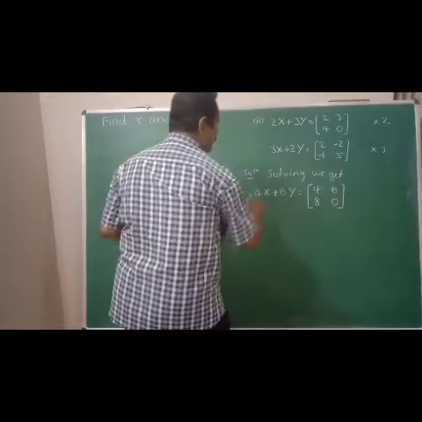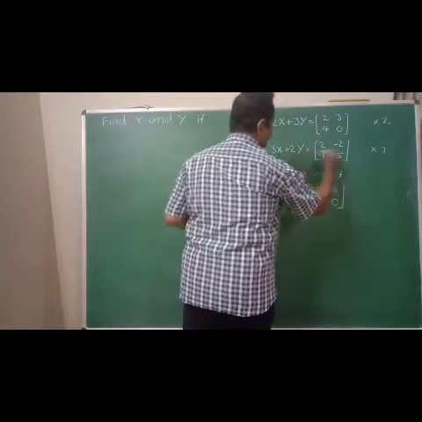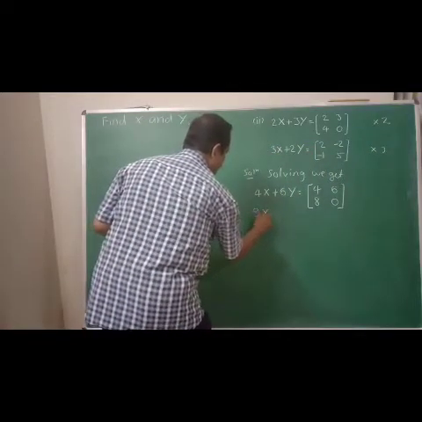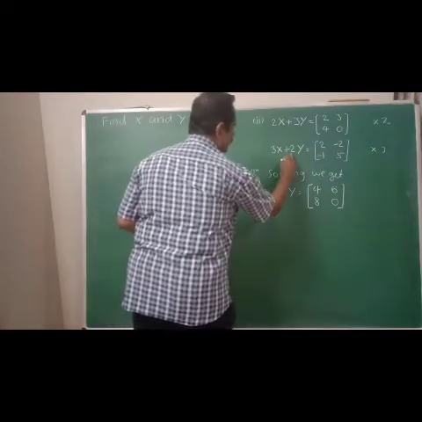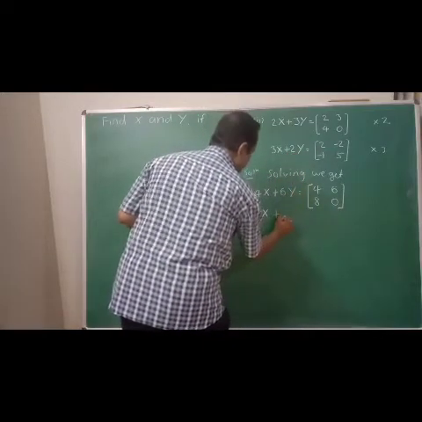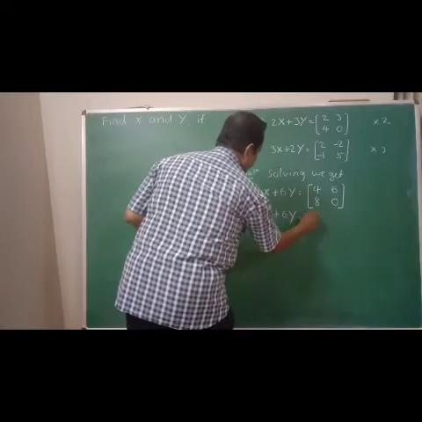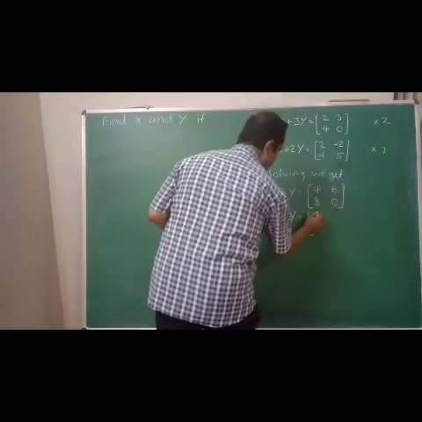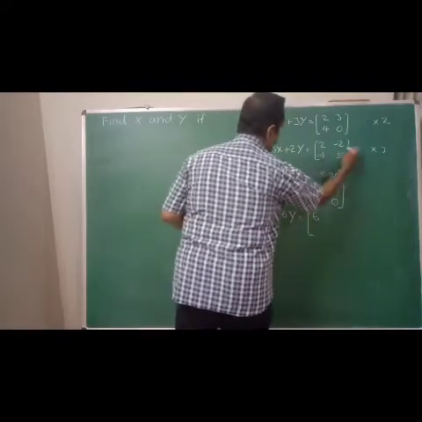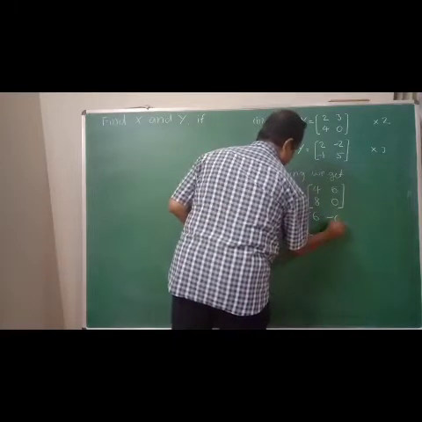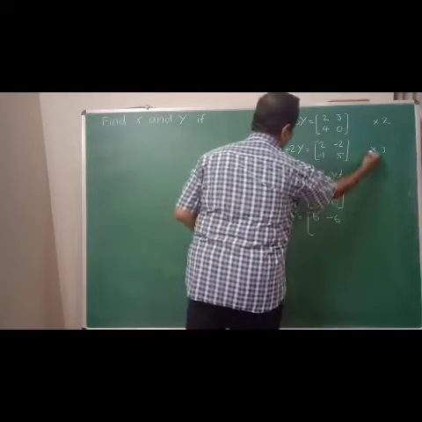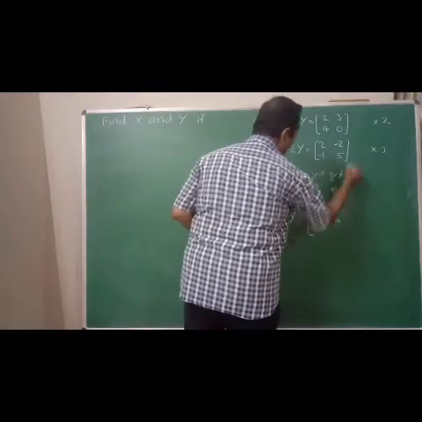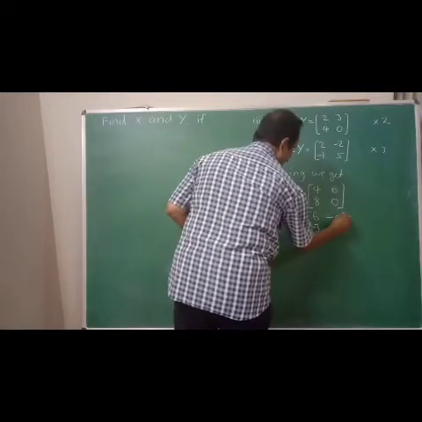Then multiply the second equation by 3. 3 threes are 9, so 9x plus 2 threes are 6, 6y, is equal to 2 into 3 becomes 6, 2 into 3 again 6, minus 1 into 3 is minus 3, then 5 threes are 15.